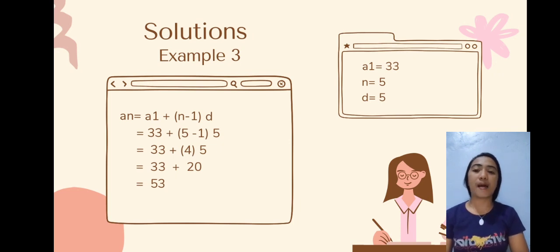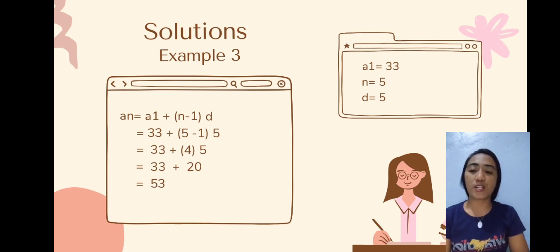So in the last example, we have our first term which is equals to 33. And then find out the fifth term. So n is equals to 5. And the common difference between the second term and the first term in the third example is 5. So now we will plug into the formula. So the result will be 33 plus 5 minus 1 times 5. So again, we will solve first the parentheses.